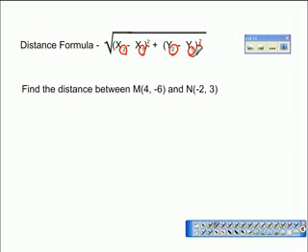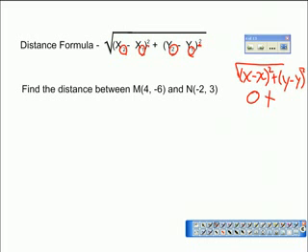Because without that, here's what we would have. What's x minus x? 0. Any number minus itself? 0 squared is 0. What's y minus y? And 0 squared is 0. 0 plus 0 is?